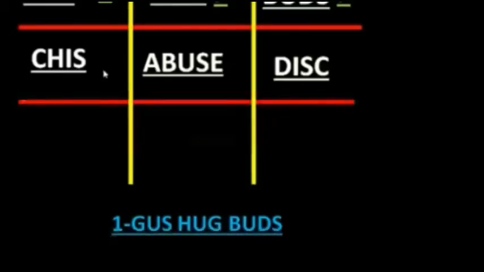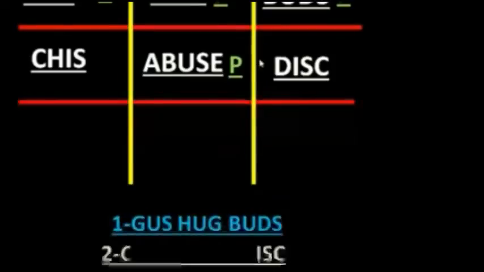Okay, so the sentence here is that Chis, which is a guy, has abused his disc, or misused his disc. And you have to remember that here we had 3 P's, here we only have 1 P, which is going to be in the umbilical region, because pancreatitis can be represented as pain in this region. So the sentence for the second part is Chis abused disc.